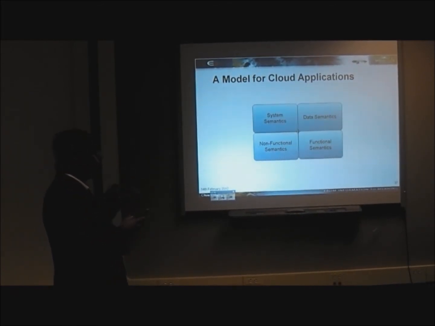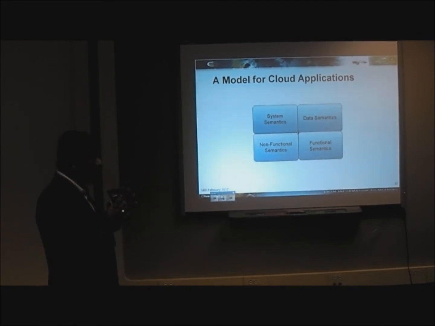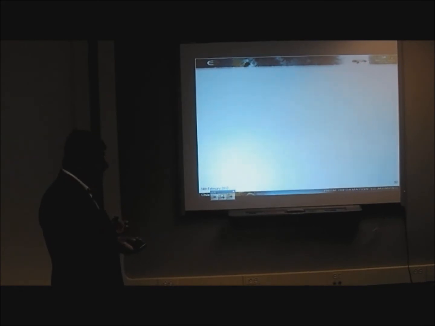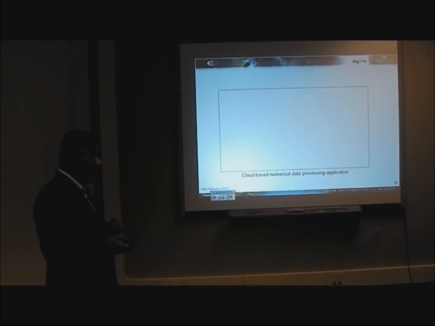Why did we do this separation? Let me take an example application and show you. Let's take a numerical data processing example, the one that we talked about with Dr. A. If you are trying to build this application, obviously you will have to have the algorithms implemented in some logic, and of course there should be some data storage, data structures attached to it.